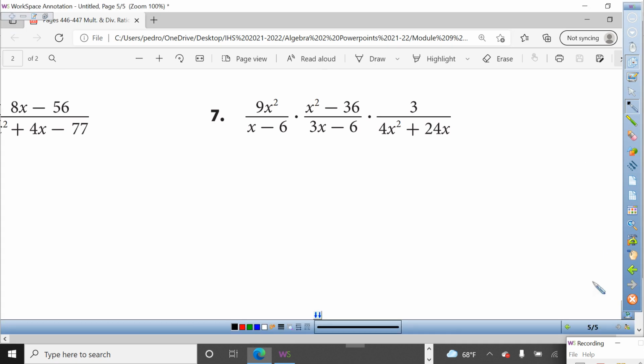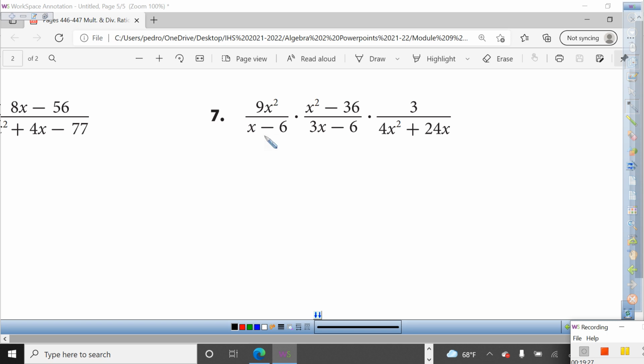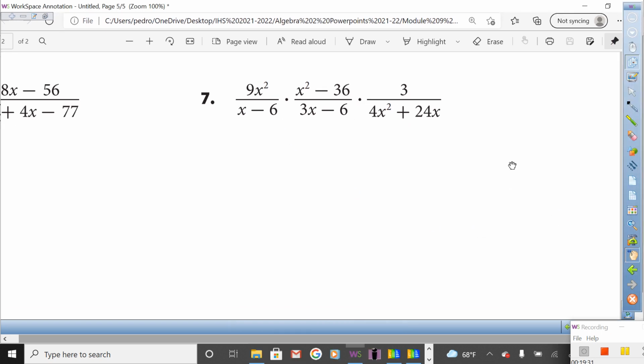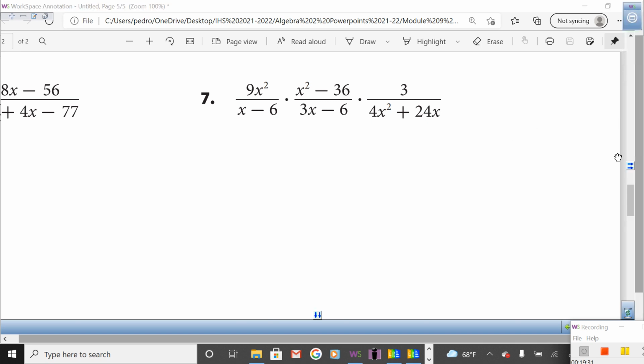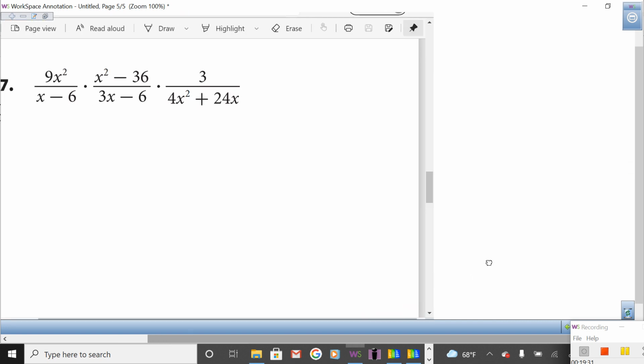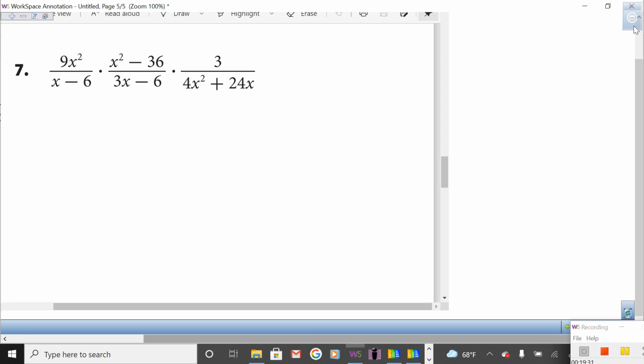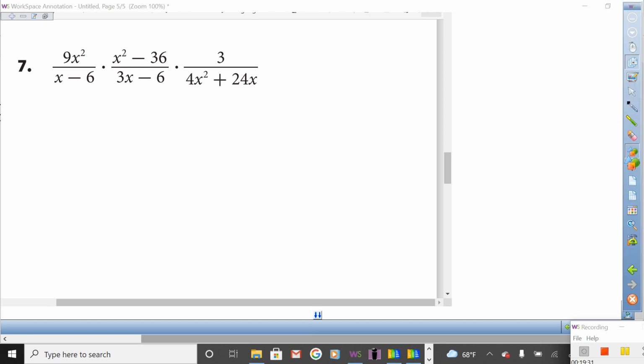And it reads 9x squared over x plus 6 times x squared minus 36 over 3x minus 6 times 3 over 4x squared plus 24.